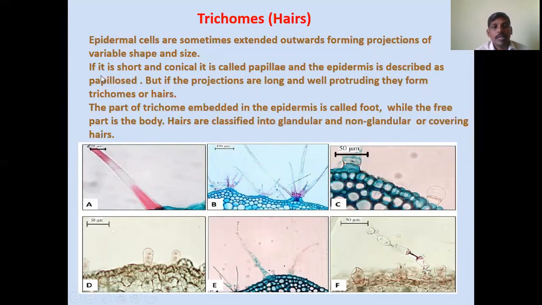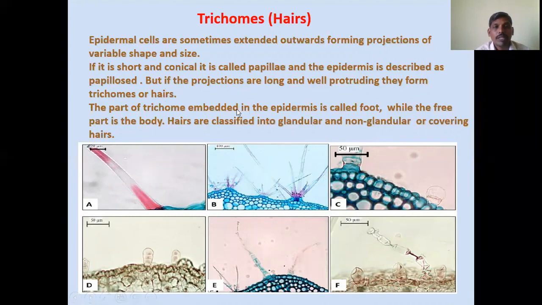If the appendage is very short and conical, it is called papillae, and the epidermis is described as papillose epidermis. But if the projections are long and well protruding, they form trichomes or hairs.